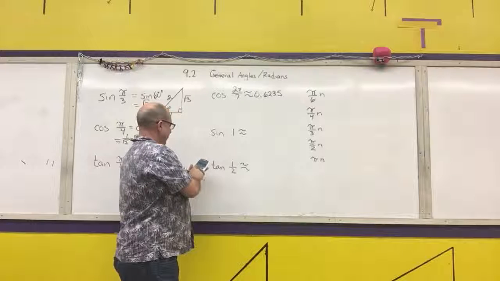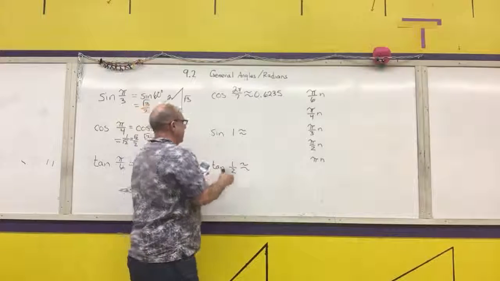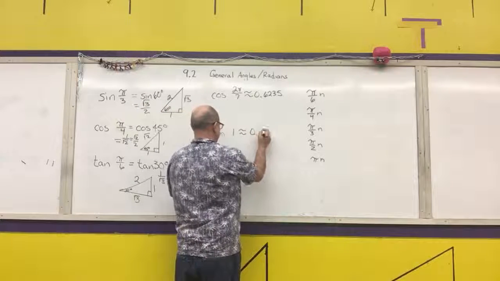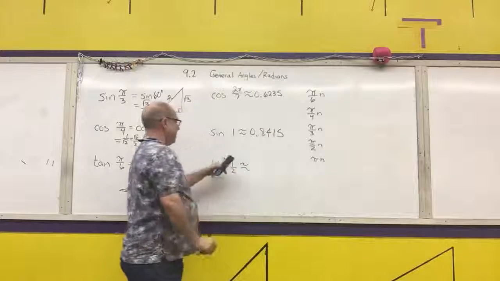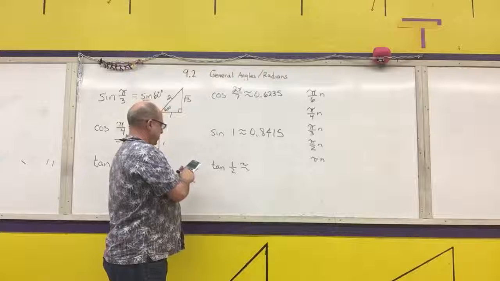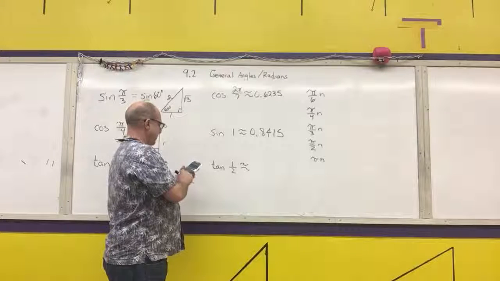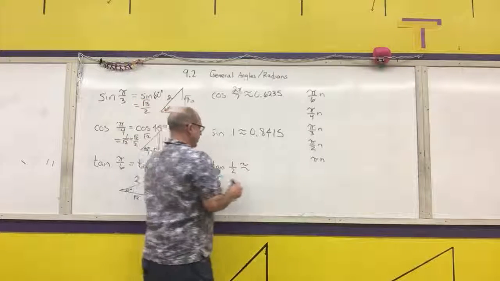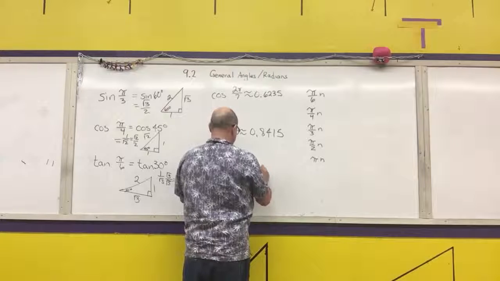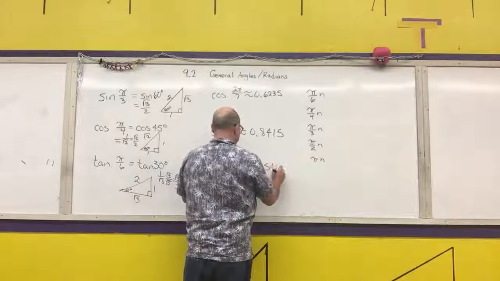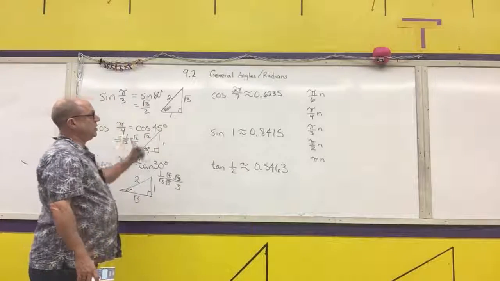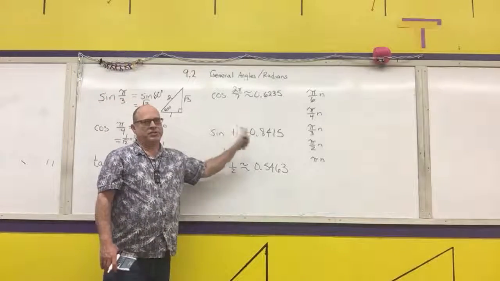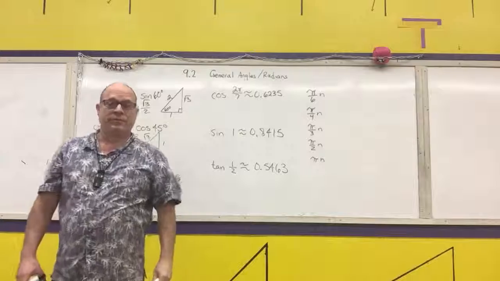So I'm going to hit the sine of 1, and I get approximately 0.8415. Tangent of 1/2. So tangent of 1 divided by 2 is approximately 0.5463. Notice, anytime you're using the calculator and you're rounding, you're going to be using an approximate symbol.